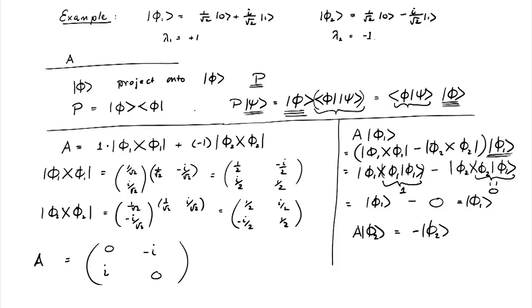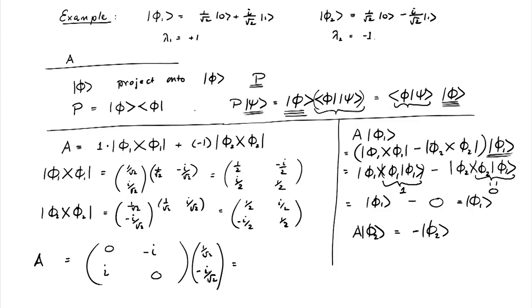Okay, so now you could check that it has the correct eigenvectors and eigenvalues. So let's just check that A times phi 2 is minus phi 2. Okay, so let's check. 1 over square root 2, minus i over square root 2. And what do we get?